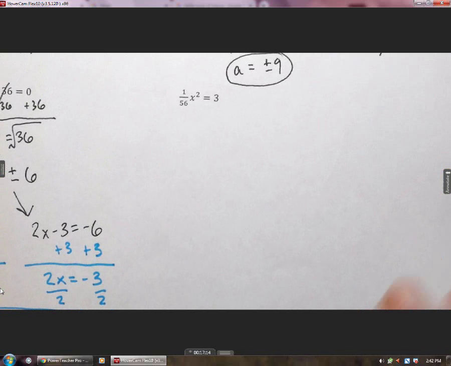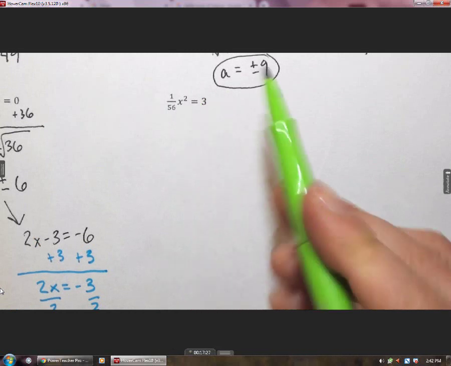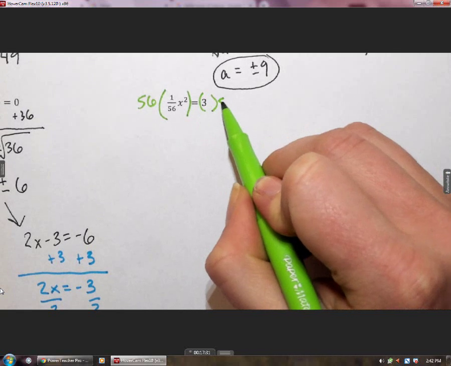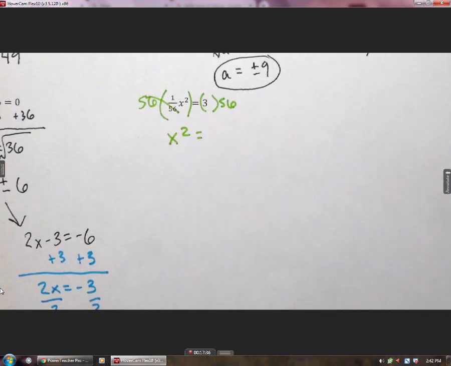This one's also worth writing down. Right here. Yeah, you want to get rid of that fraction. Multiply both sides by 56. So I'd have x squared equals 168.